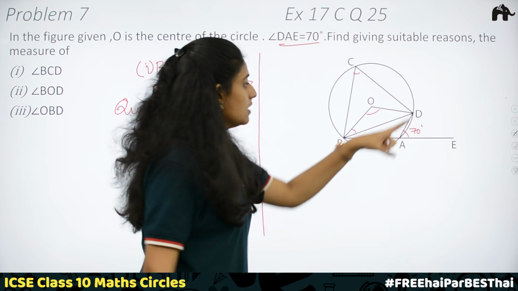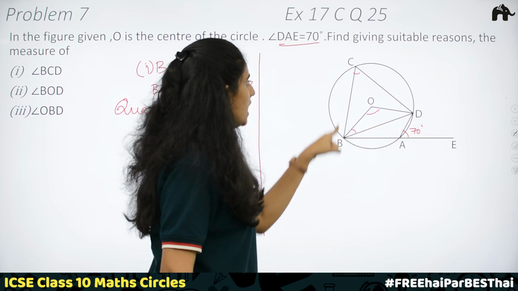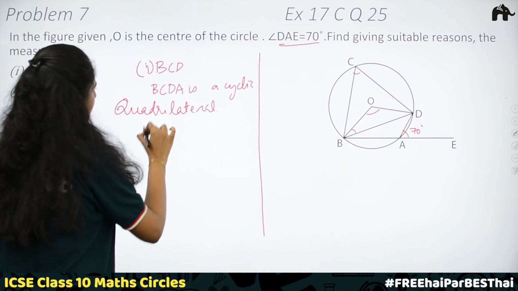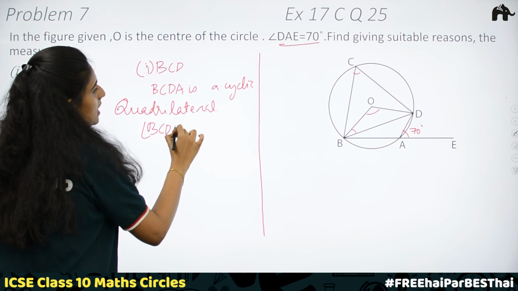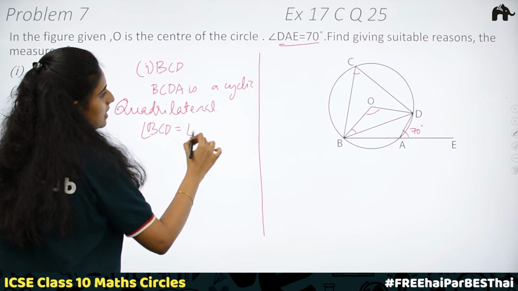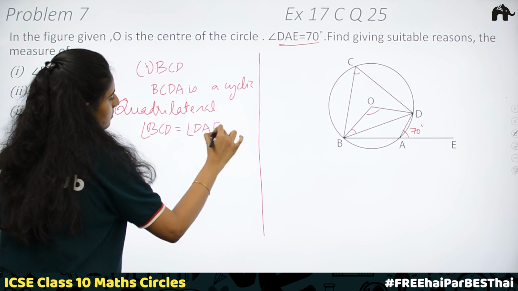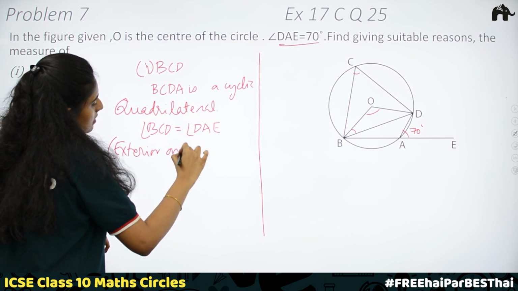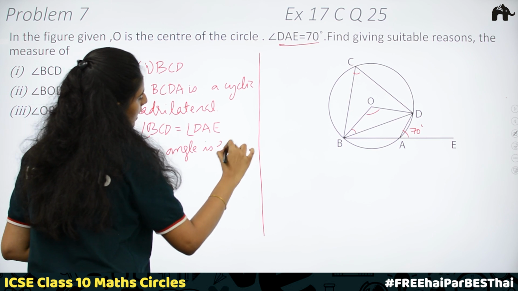Okay. Therefore, the measure of DAE and BCD will be equal. Therefore we have angle BCD is equal to angle DAE. What is the reason?